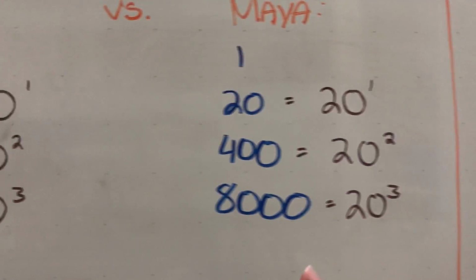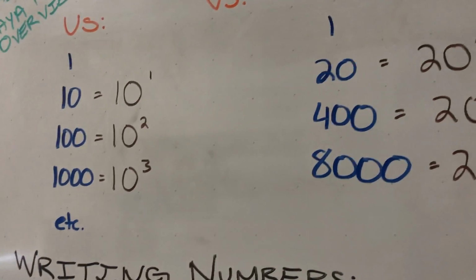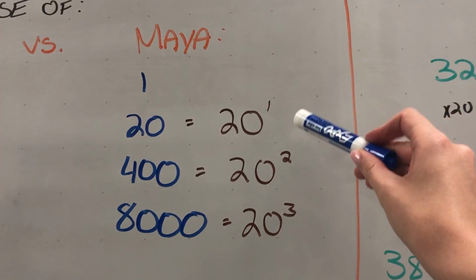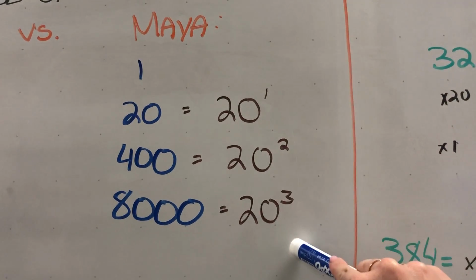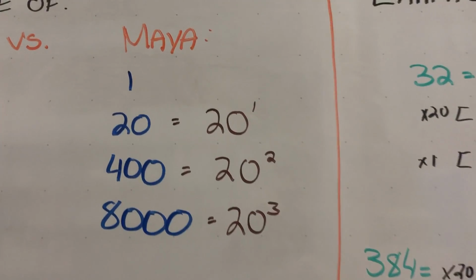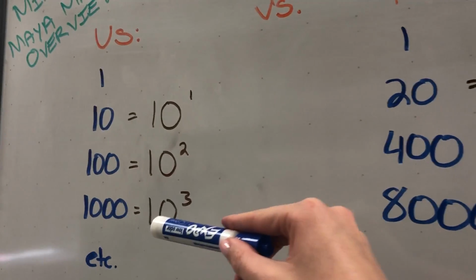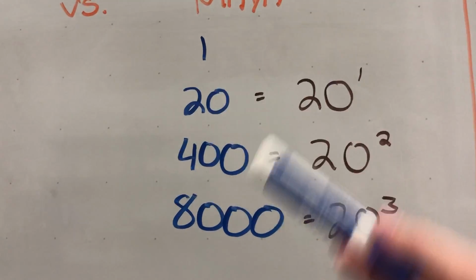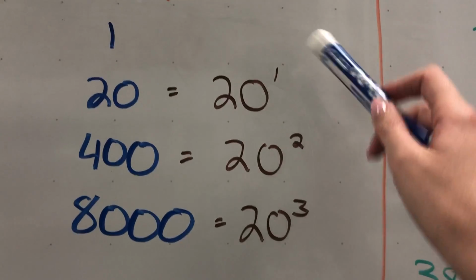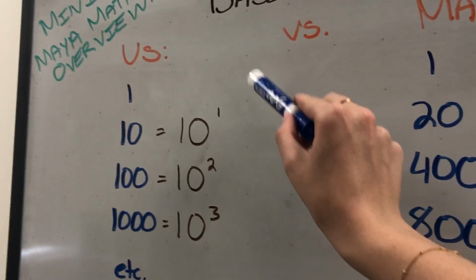With the Maya system, it's really similar. It's also very easy, I will say, but slightly more complicated than ours. Right off the bat, their system is a base 20, and it is consistent all the way down. It's a base that repeats itself, but the numbers change a little bit more than ours because you're multiplying by 20 rather than 10. Here, base of 20 to the power of nothing is their ones section, so that's 1 through 19, whereas ours would be 1 through 9.